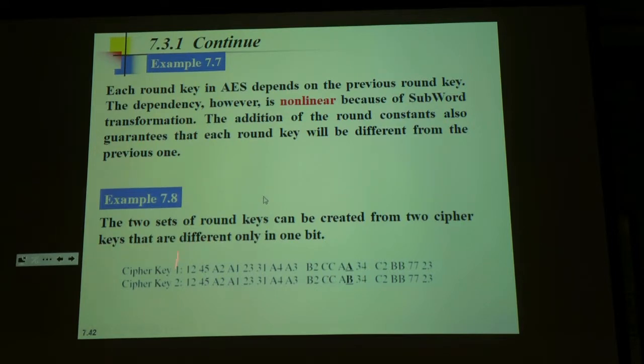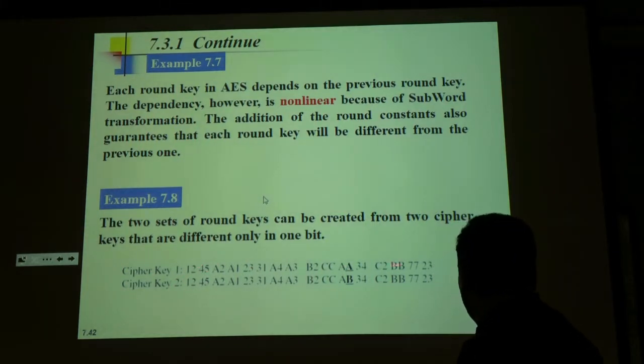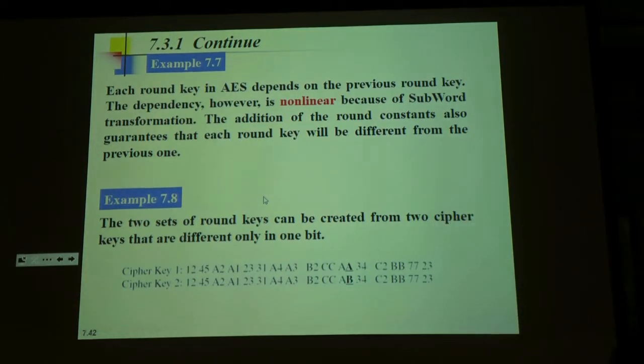Two sets of round keys can be created from two cipher keys that differ in only one bit. Key number 1 and key number 2 are similar except in one bit, changed from A to B.